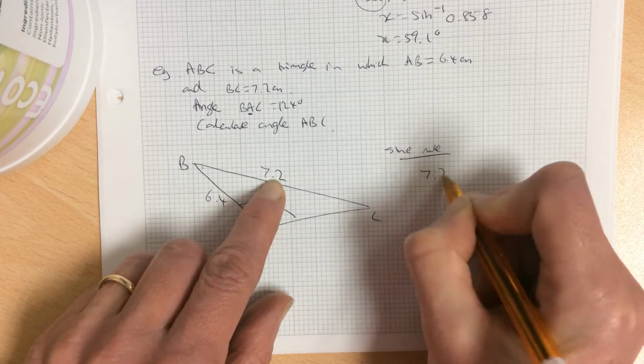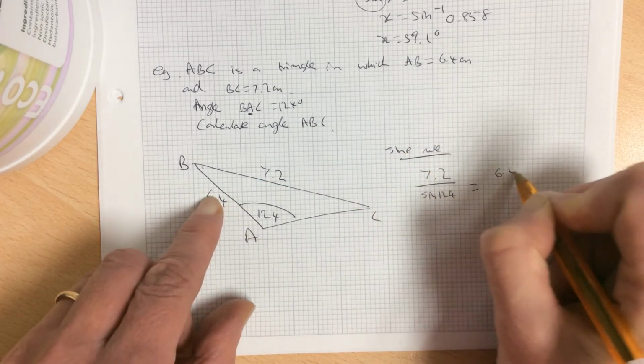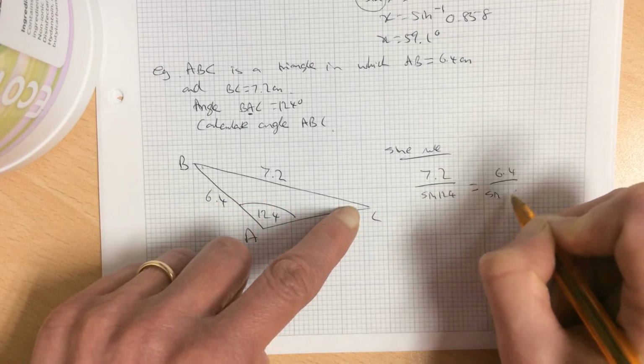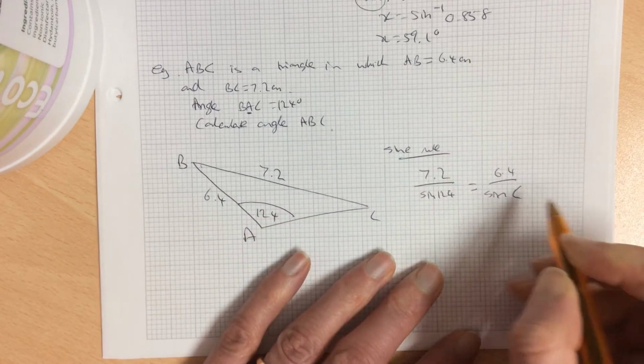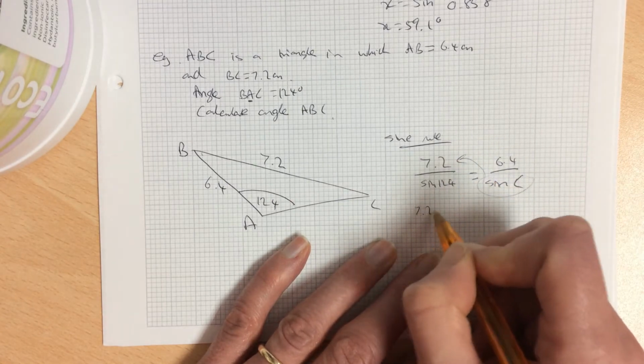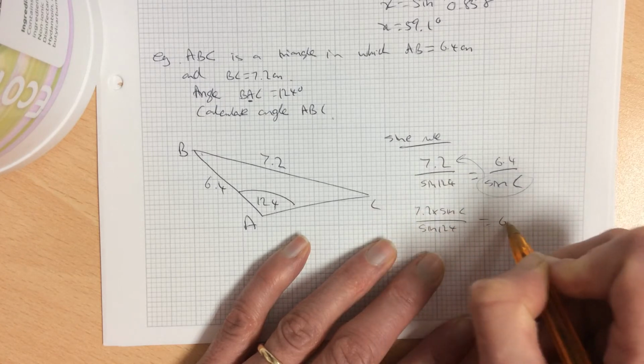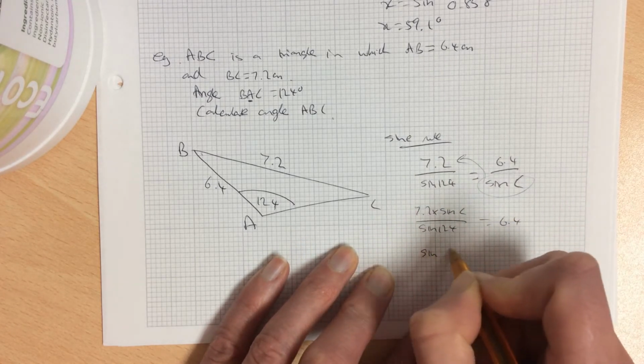So side over sine the opposite angle equals side over sine the opposite angle. Now again it's a bit of rearranging. Bring that up and that becomes a multiplication. And then we're going to rearrange it so we've got the sine bit on its own.